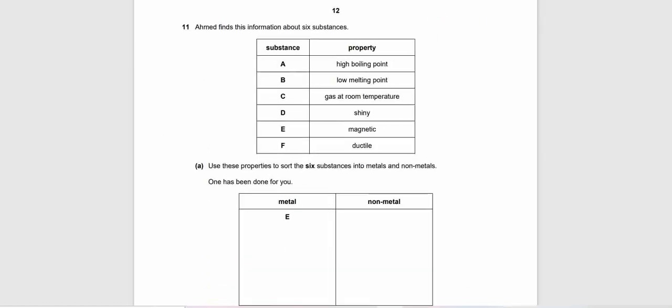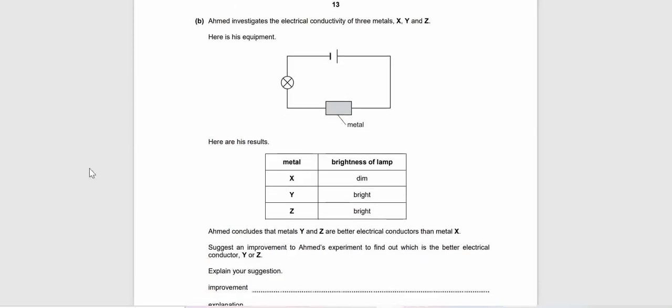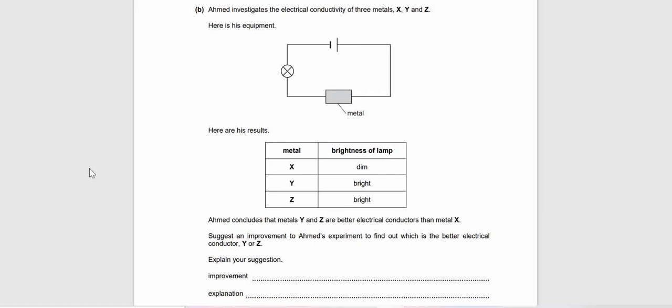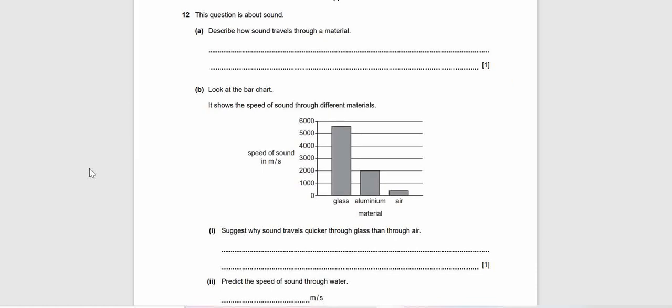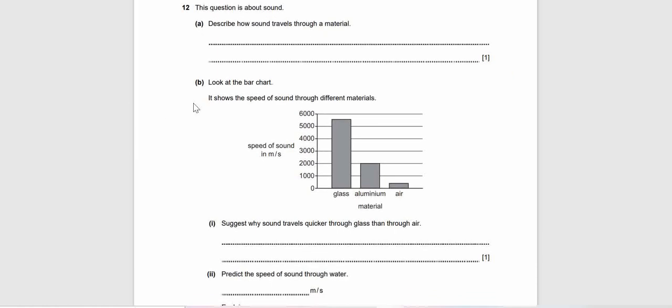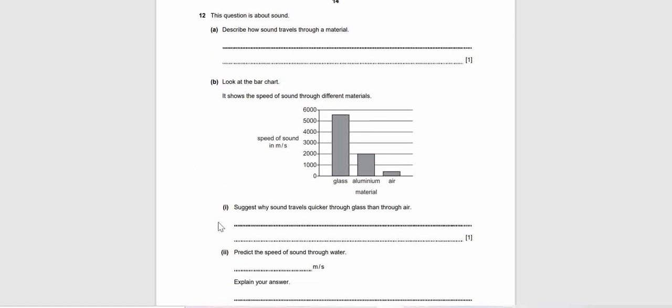This is question 11A. 11A and this is question 11B. And this is question 12A, B, part 1, 2, 3. And then with the explanation, 12A, B, part 1, 2, 3 with the explanation here. 12A, B, part 1, 2.